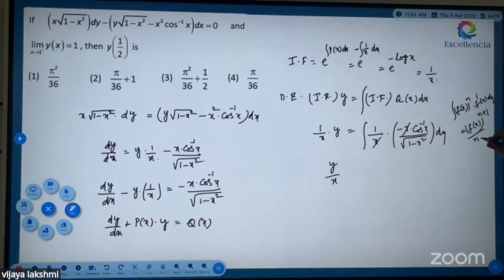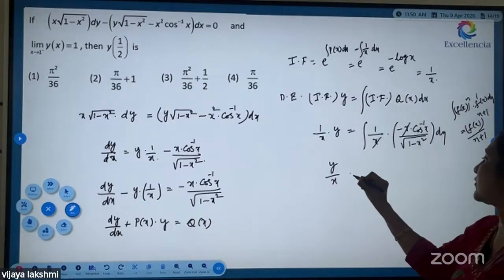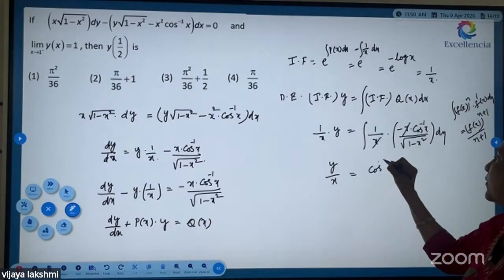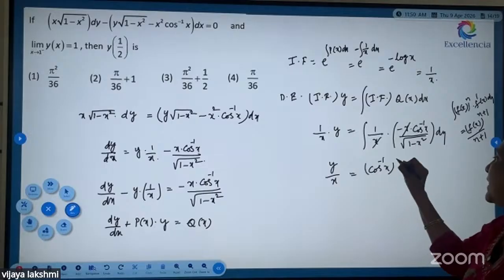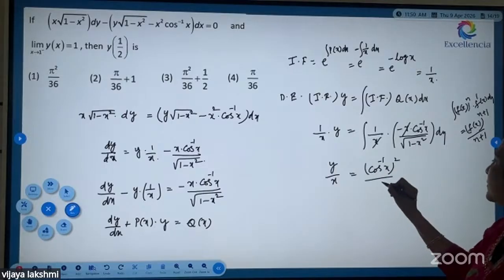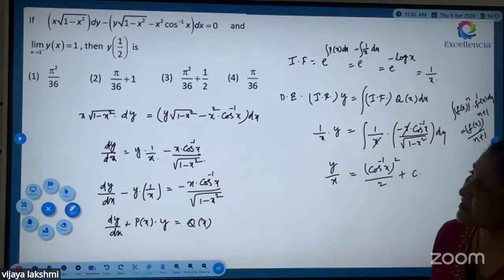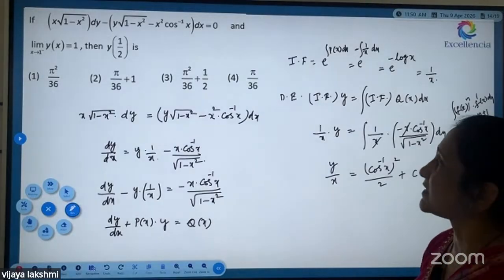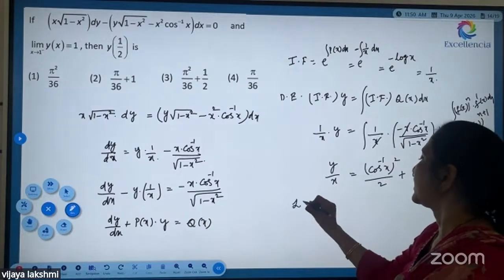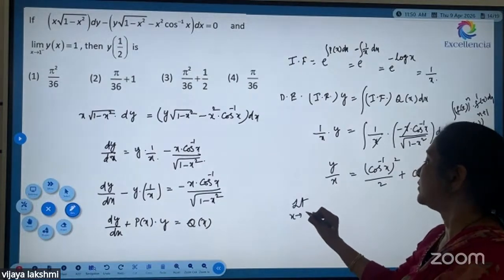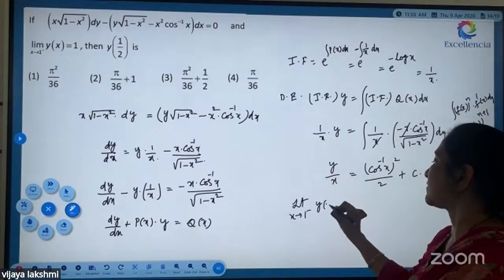Therefore, we can write it as cos inverse x whole squared by 2 plus c. But they gave the condition: limit x tending to 1 minus, y of x equal to 1.